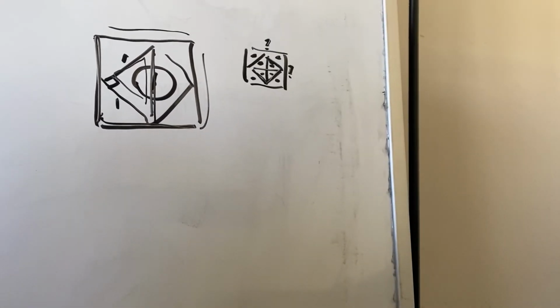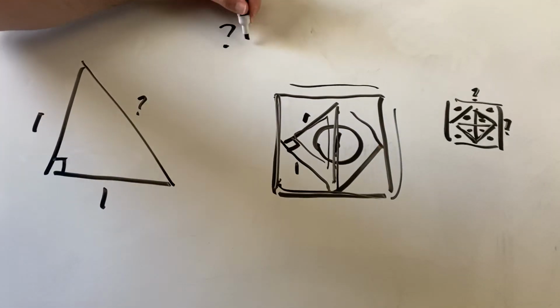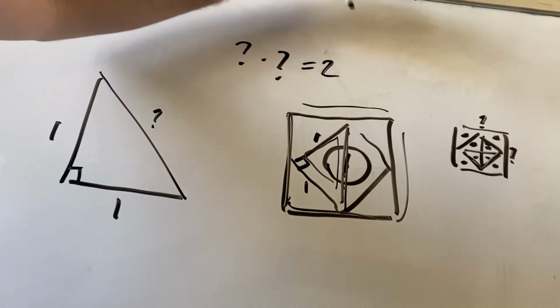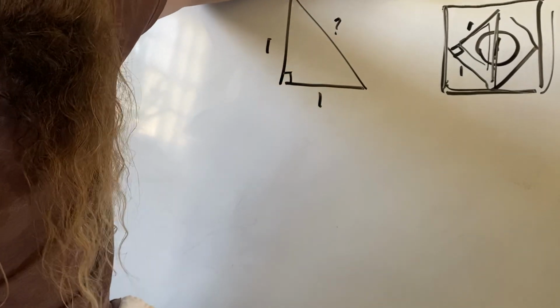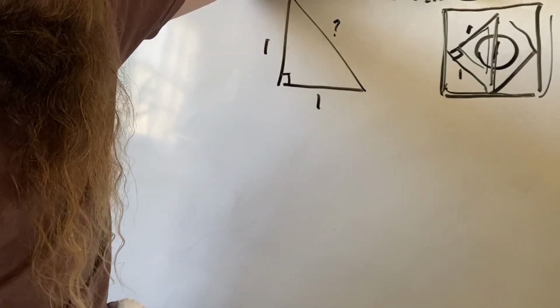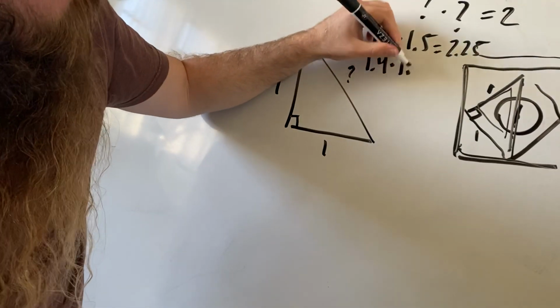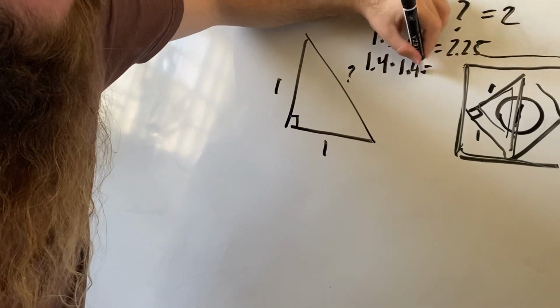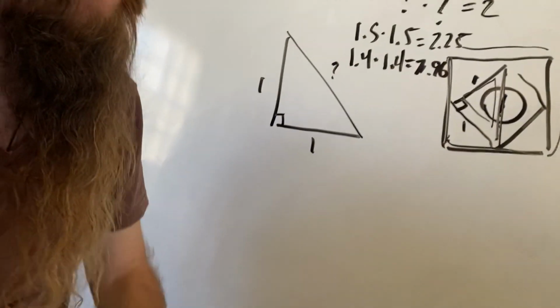So what is that something? Well, we know that something times something has to equal 2. Well, if we guess this, let's try that. Let's just try guessing this for a second. 1.5 times 1.5, that equals 2.25. It's pretty close. 1.4 times 1.4 equals 1.96, even closer.